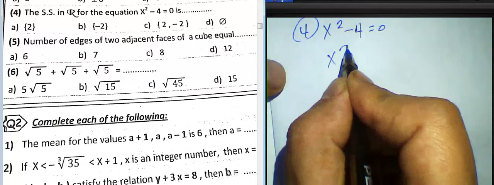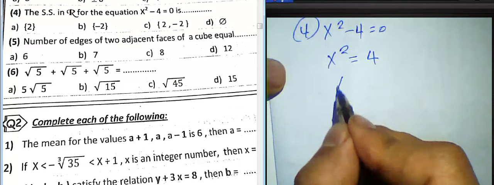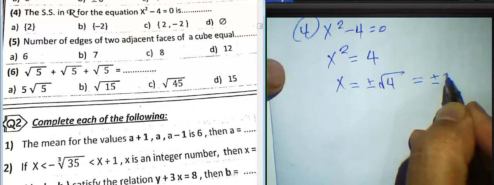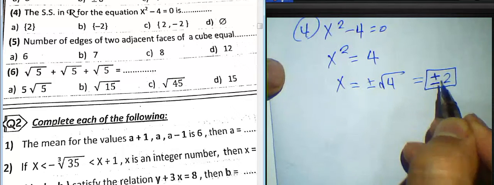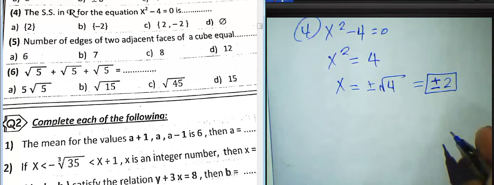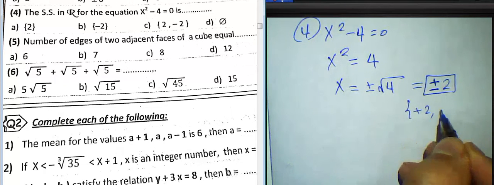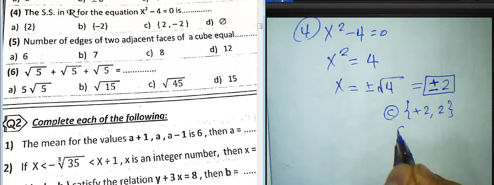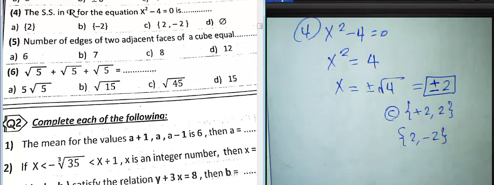Then x power 2 will be equal to 4, and then x equals positive or negative root 4. It will be positive or negative 2. Okay, we must choose letter C, since the result will be 2 and negative 2.